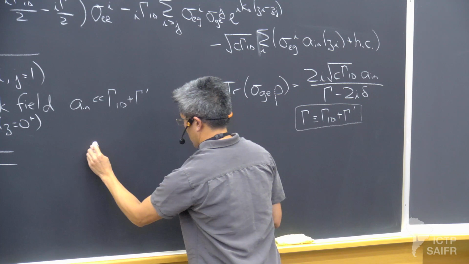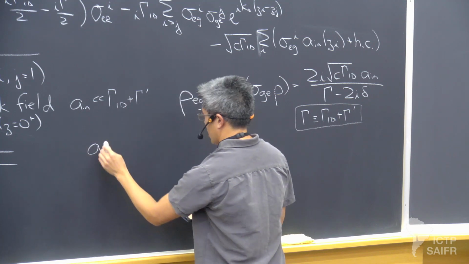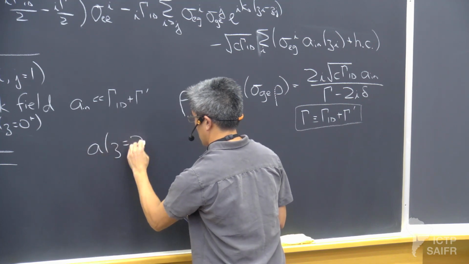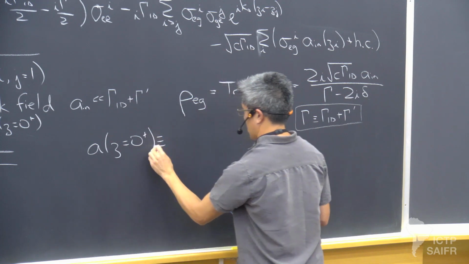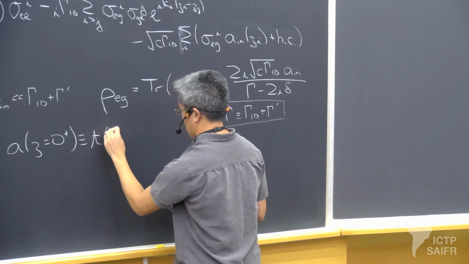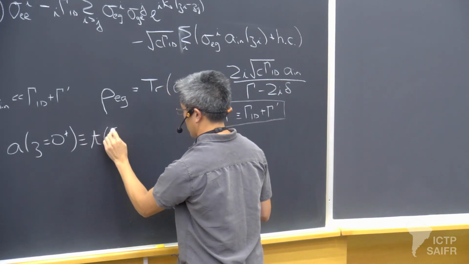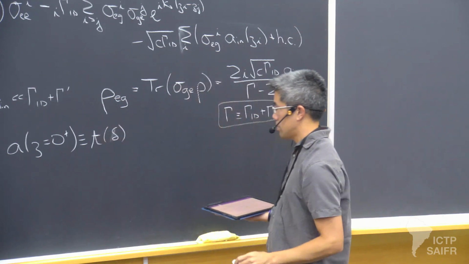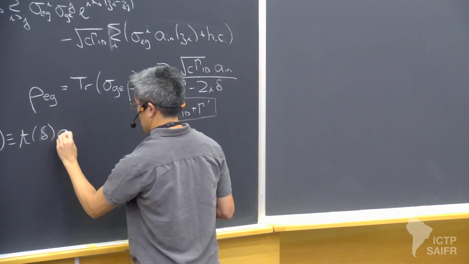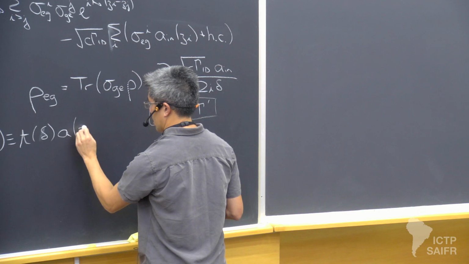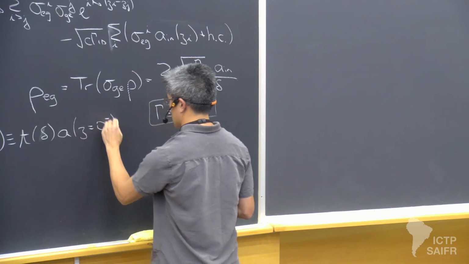So then what you find is that A of z equals 0 plus, you can define as a frequency-dependent transmission coefficient times A of z equals 0 minus.